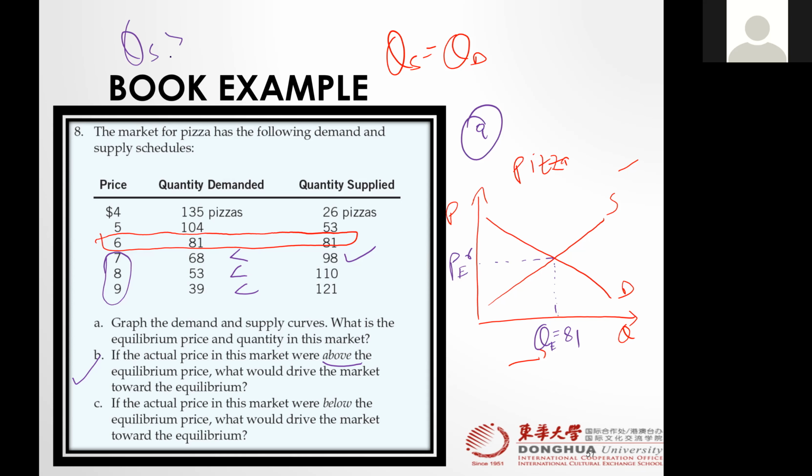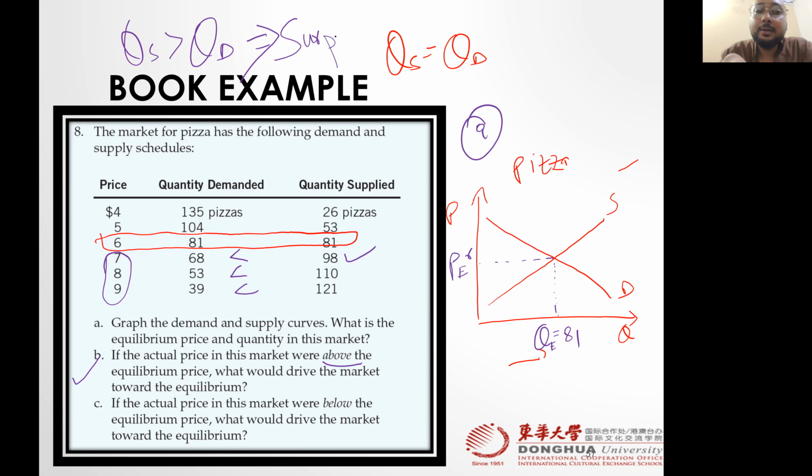Quantity supplied is greater than quantity demanded. What do we call this? It's a surplus, excess supply. So what would drive the market towards equilibrium?